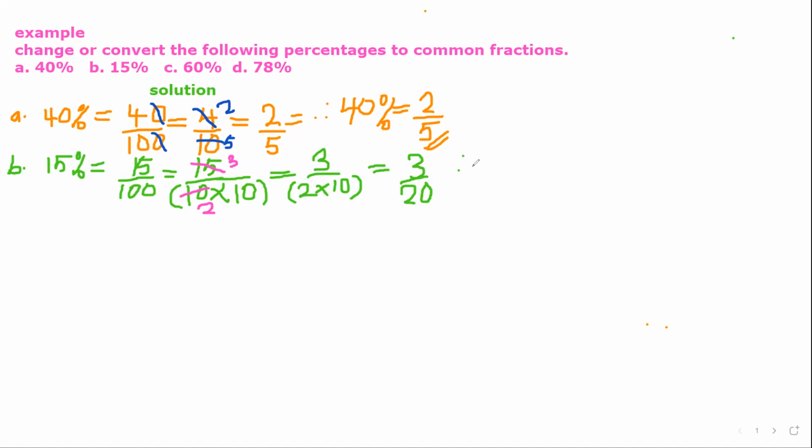Therefore, 15% is the same as 3 out of 20. Okay, good. Now, solve the other one, the C.